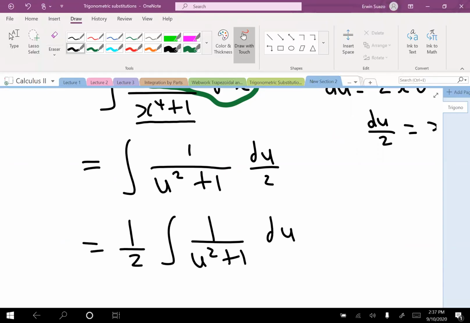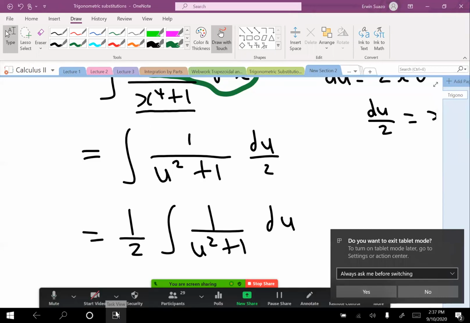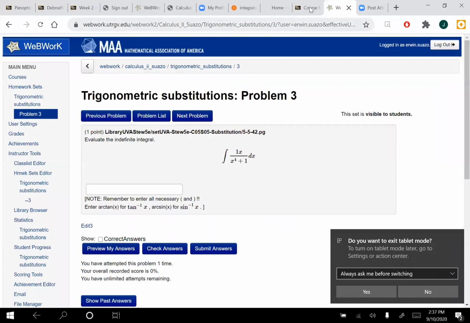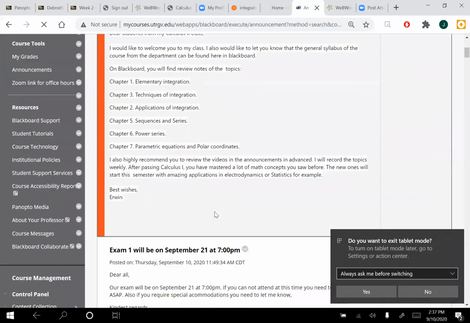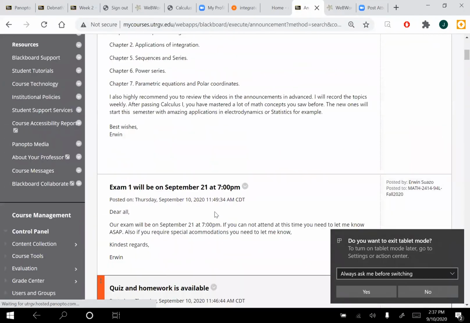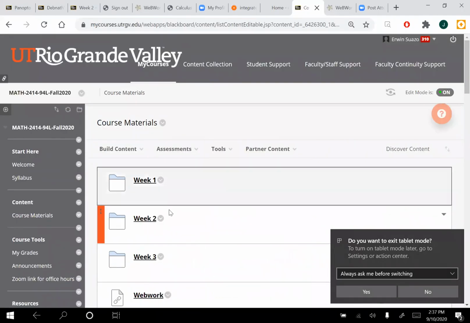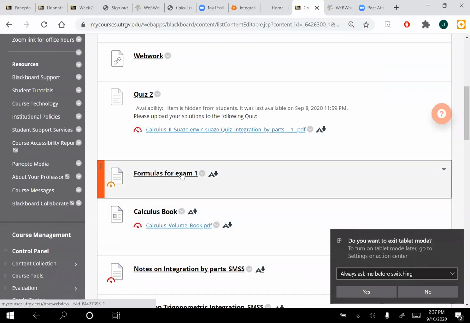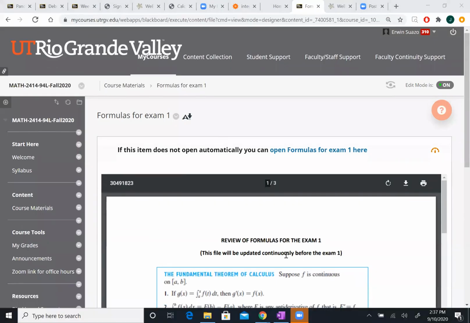And now I want you to go to your table, the table of formulas for the exam that I have given to you. Let me also go to my table. Let's use it. So tell me, what is that antiderivative? Let me put it here in announcements. The formulas are in course materials. So these are my formulas for the exam.